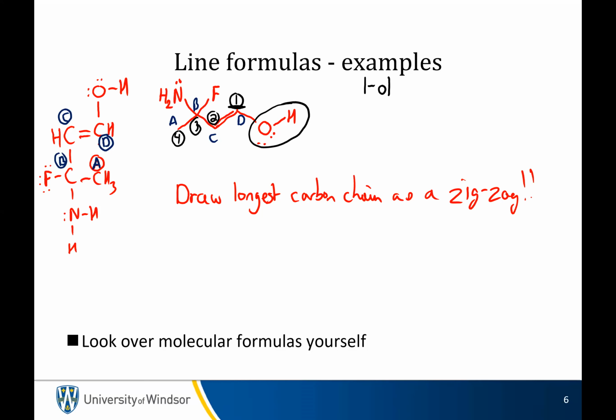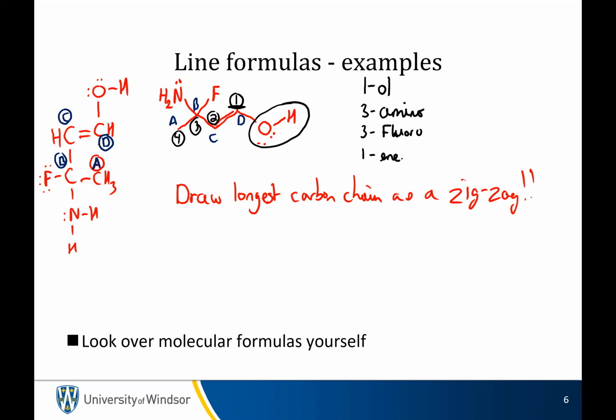On carbon 3, I've got a 3-amino because there's an amine on it. Carbon 3 also has a 3-fluoro because there's a fluoro on it. Carbon 1 has a double bond, so it's an ene. So it's a 1-ene.